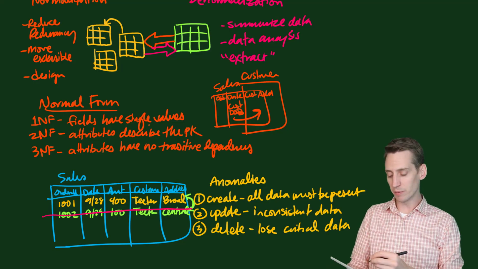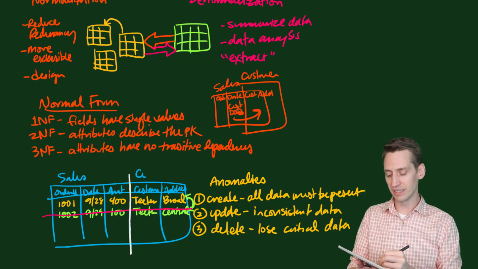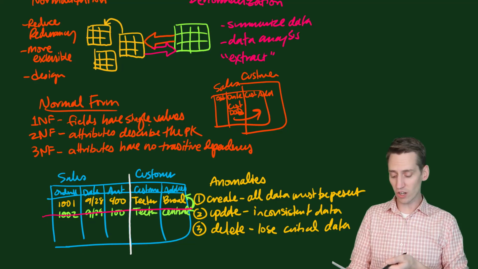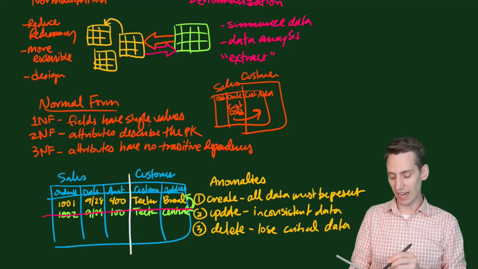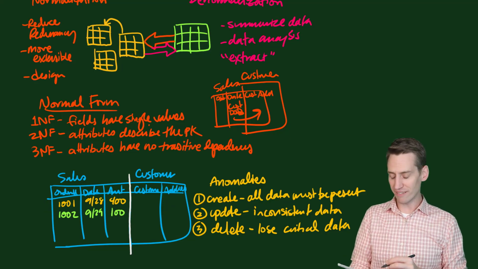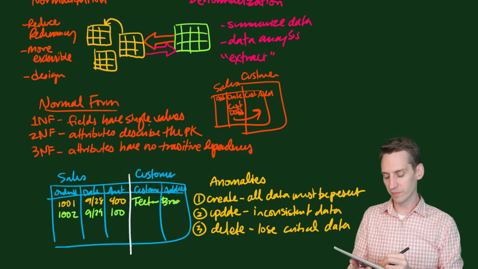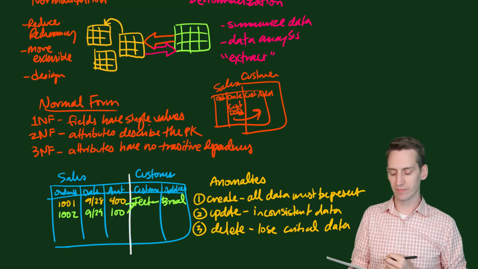If, however, I'm able to come in here and separate out my customer data from my sales data and create a separate customer table, I can collect all of that data and have it be the most accurate data. So now I could have a customer, let's say I have customer Teeter, who is living on Broad, and it's linked to both of these records using a foreign key.